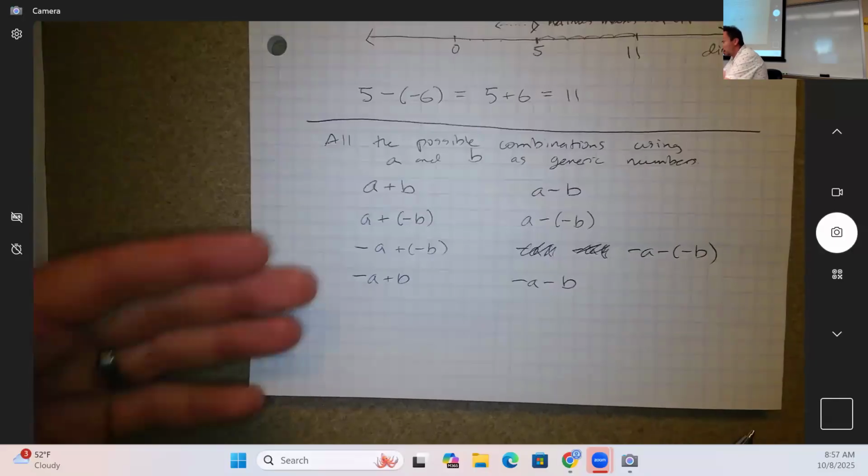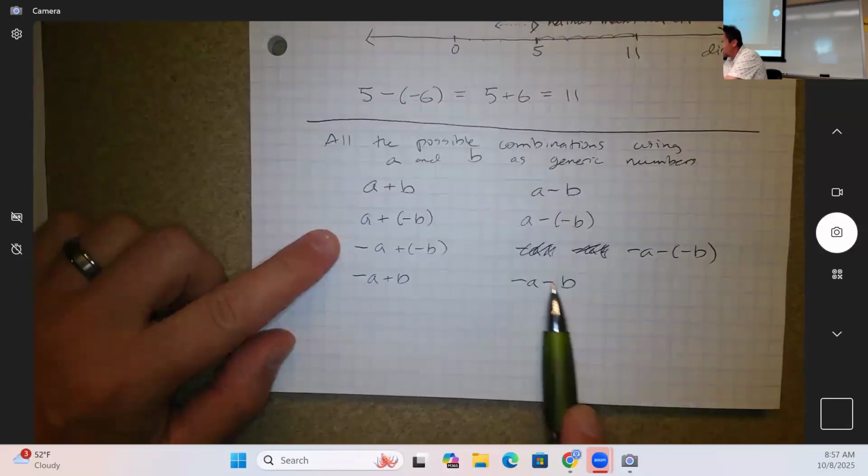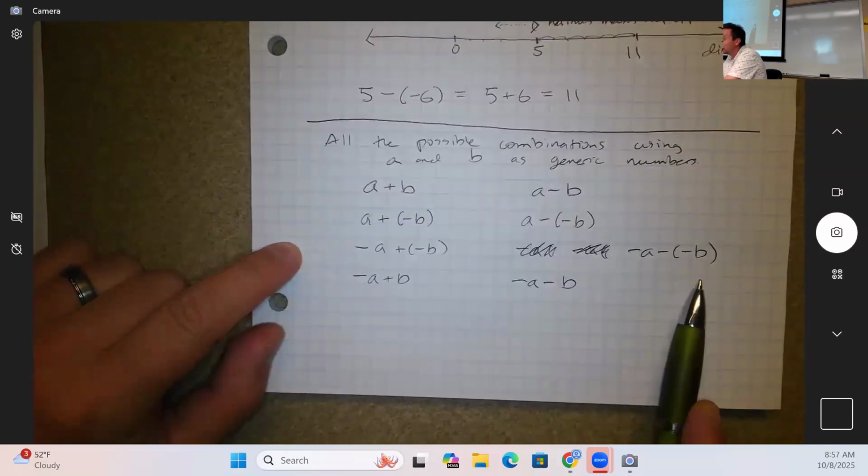So there's a lot of different combinations of arithmetic symbols we can put together just using plus and minus.